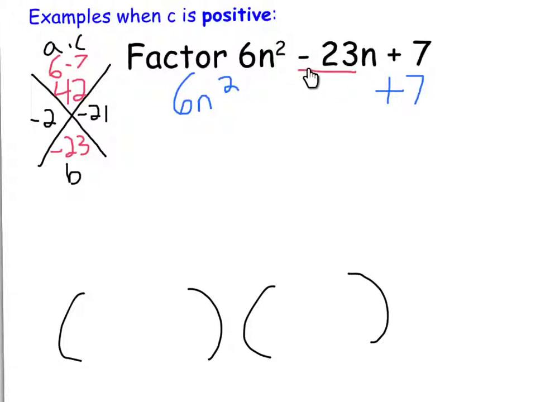Instead of saying negative 23n, I'm going to say minus 2n and minus 21n. Once again, all I did was break negative 23n apart, so it's negative 2n minus 21n.